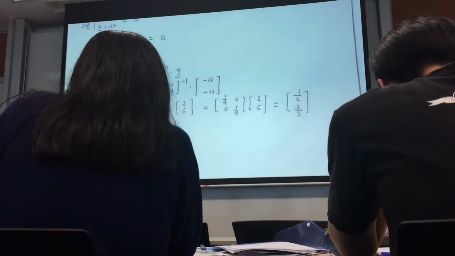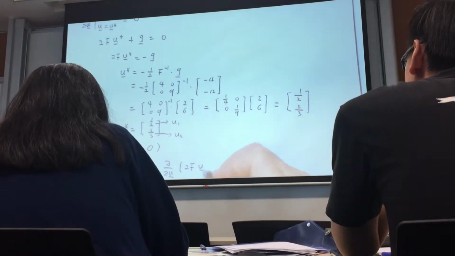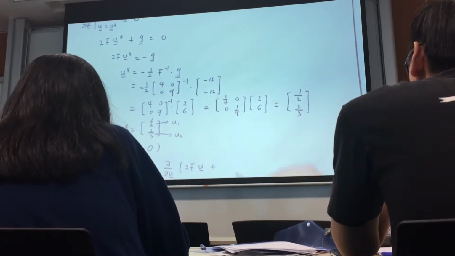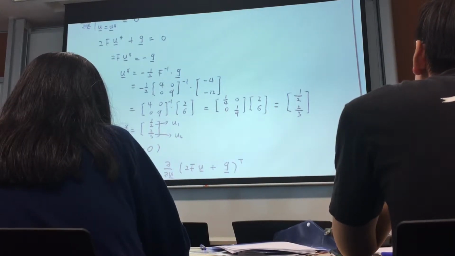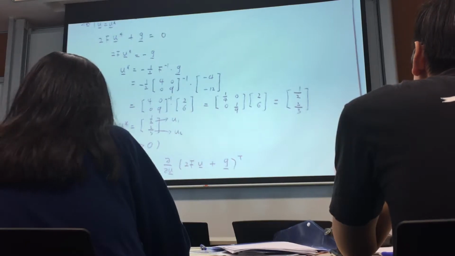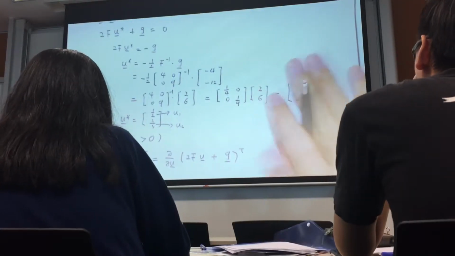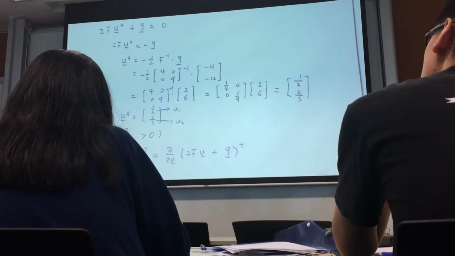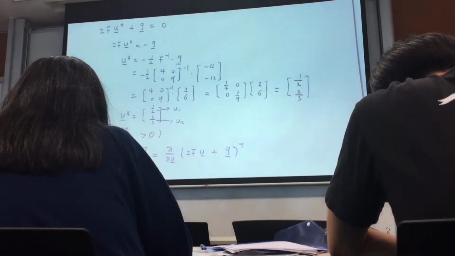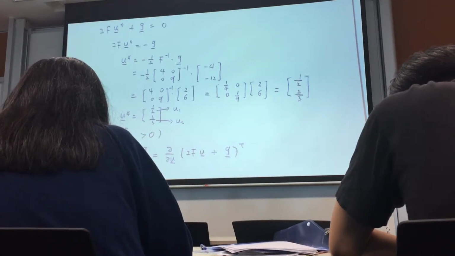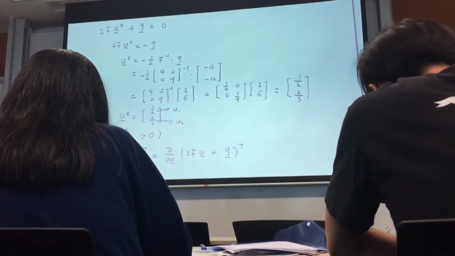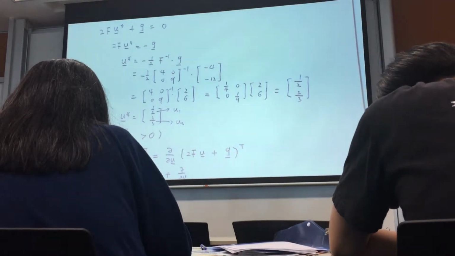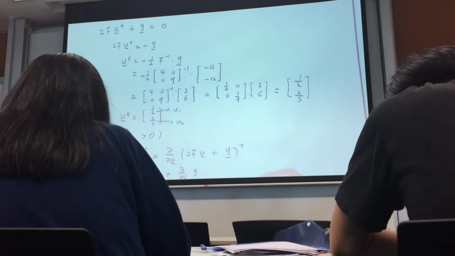So this dJ/du equals 2Fu plus g. So this equals the derivative of 2u transpose F transpose plus the second one with the g transpose.